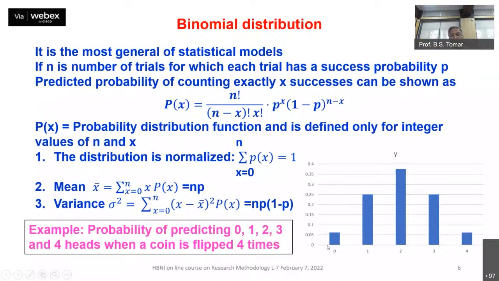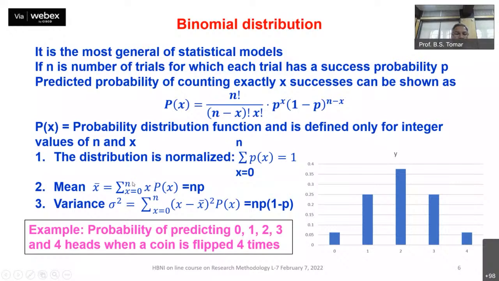So now if you see the probability of getting different observations, you have n plus 1 outcomes, and they follow the distribution. You can calculate the probability by this formula, and since it is normalized, you see the total is equal to 1. So this is the discrete distribution of the probability of different outcomes when a coin is flipped 4 times.